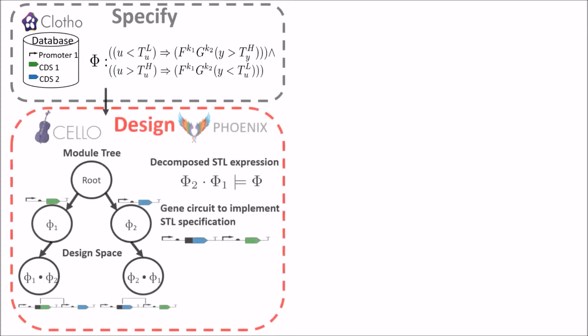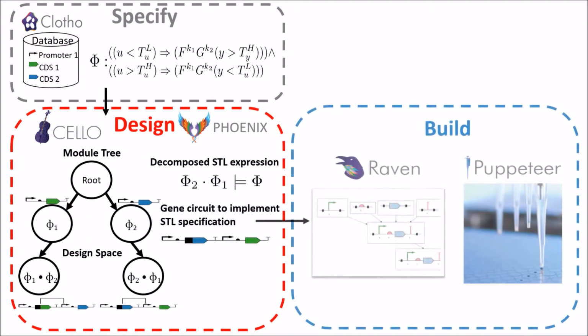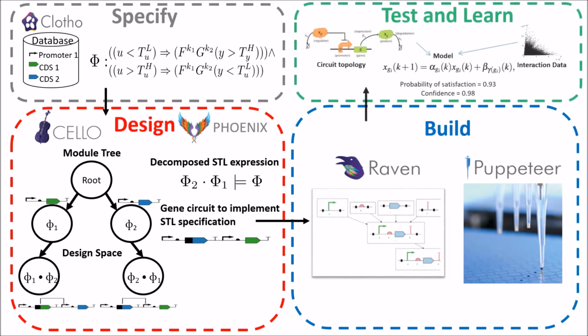The next step is to construct gene circuits satisfying local requirements as just explained. We are developing a fully automatic workflow that takes as inputs such specs and automatically generates code to control robots in the wet lab. This framework, which is called biodesign automation, consists of 4 steps: specify, design, build, test.